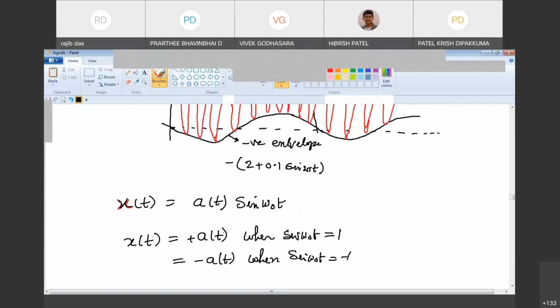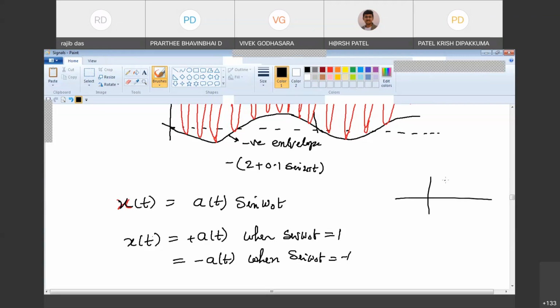So this is one envelope. When it is maximum, it will touch this function, and when it is minimum -1, it will touch minus of a(t). Plus of a(t) we call the positive envelope, and minus of a(t) is the negative envelope, which is nothing but the mirror image. Any point, if I consider it is 5, then -5 will be here.